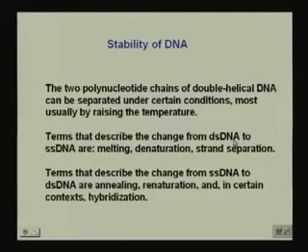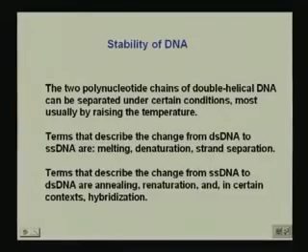Double stranded DNA going to single stranded DNA. Okay? Suppose we add such an agent that is going to disrupt all hydrogen bonds, what is going to happen? The chains are going to separate. So, we are going to go from dsDNA to ssDNA. Okay? So, we have the strands hydrogen bonded, separated.